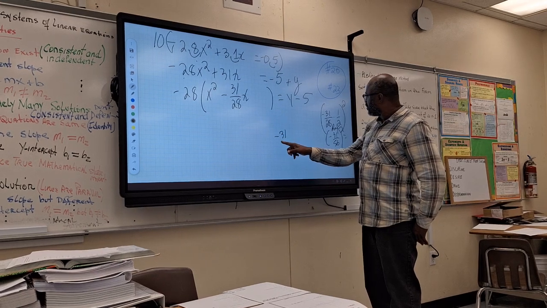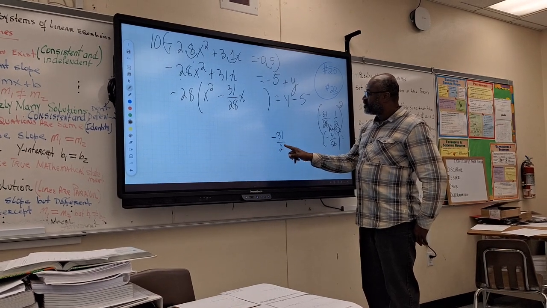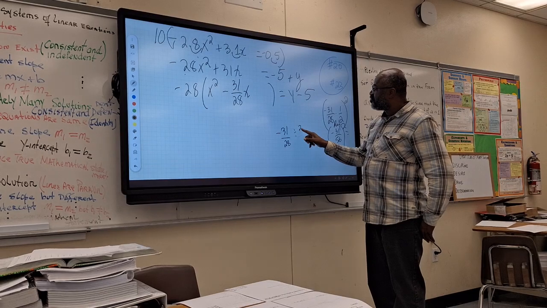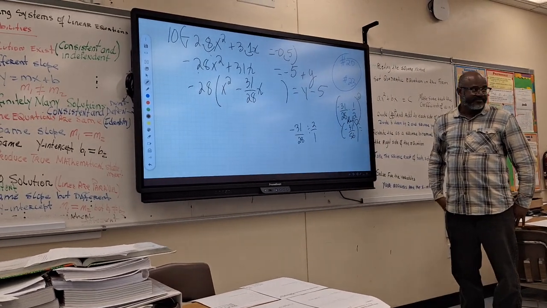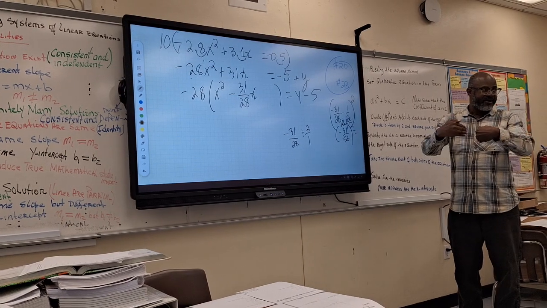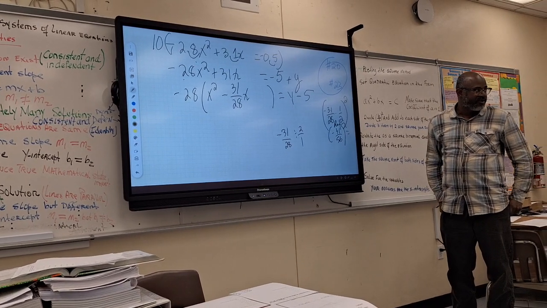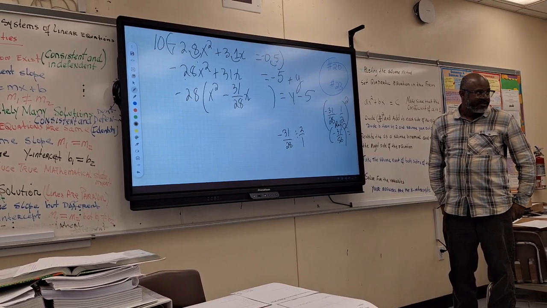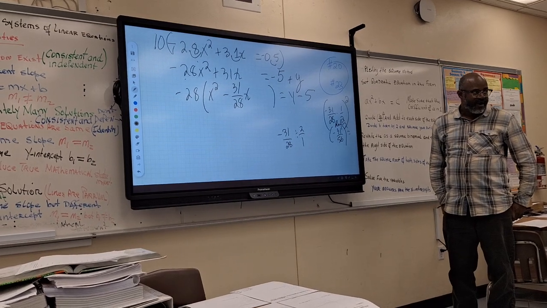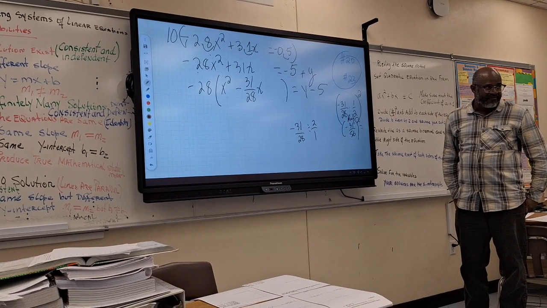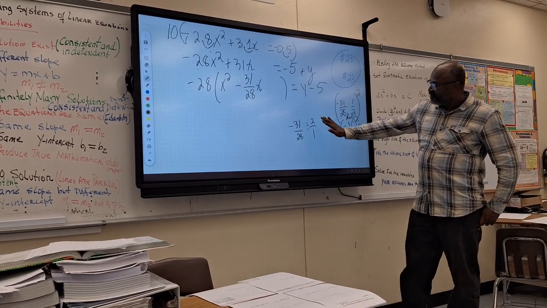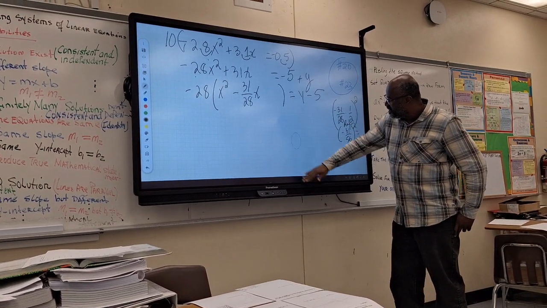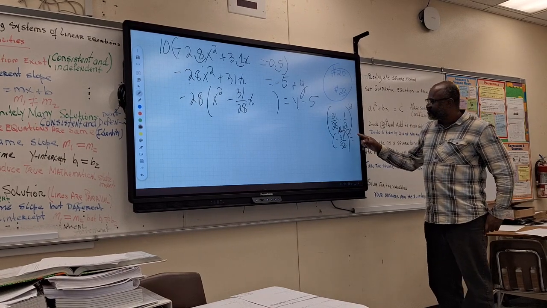Negative 31 over 28 divided by 2 over 1. Then I flip it, right? Flip the burger. It's going to become 1 over 2. Divide by 2 is to multiply by 1/2. So far so good?